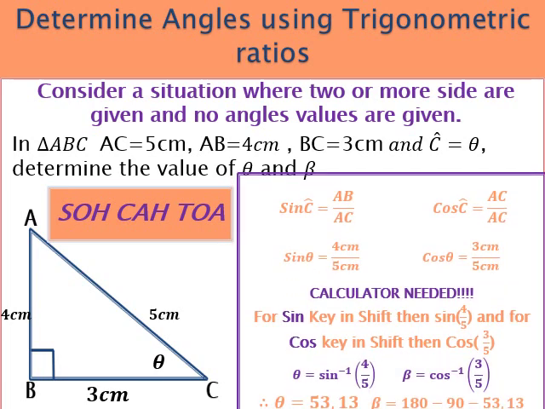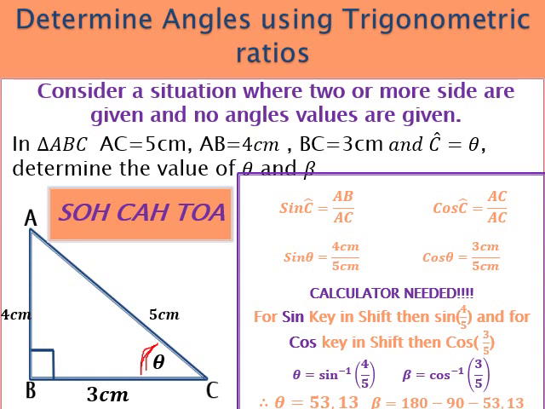Good. Now, by now we know that sine theta, or sine C, equals 4 centimeters divided by 5 centimeters. You'll realize that the only variable you have is theta. To continue with that sum, you need a calculator.